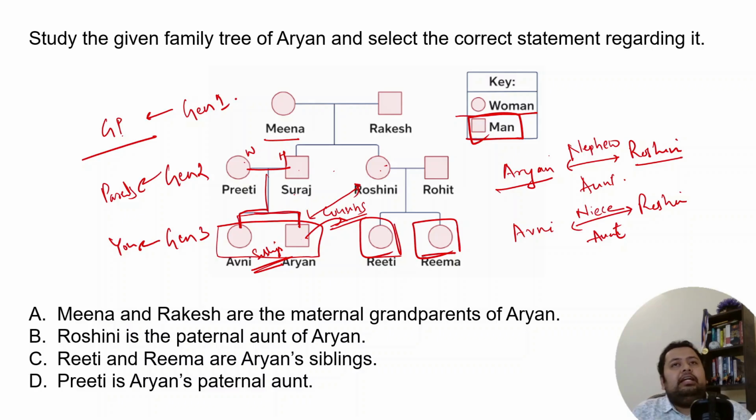Hopefully this is something that you have understood. Very easy to answer, but yes, people do get confused between paternal and maternal. People do get confused between siblings and cousins, and they do get confused between niece and nephew. I hope you would have understood this overall in this video.